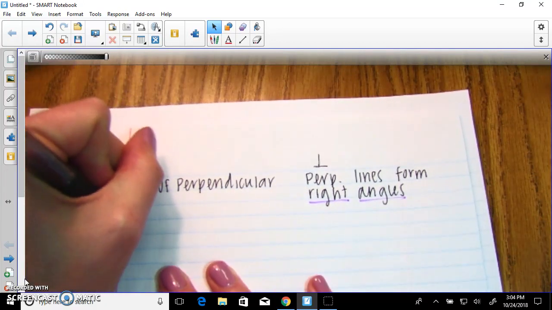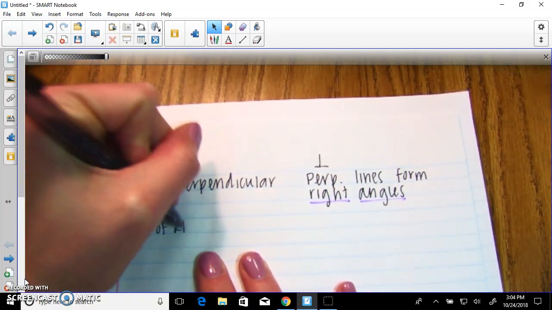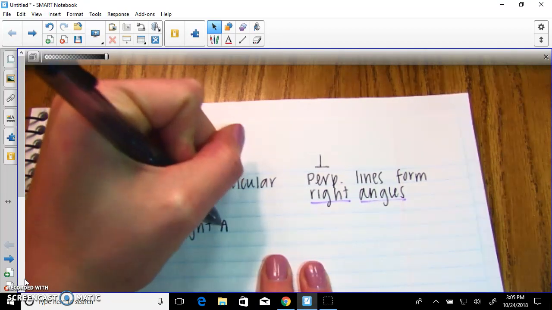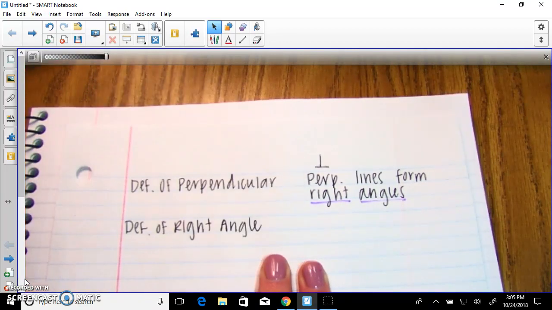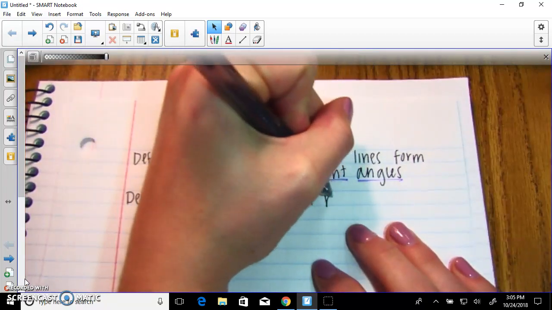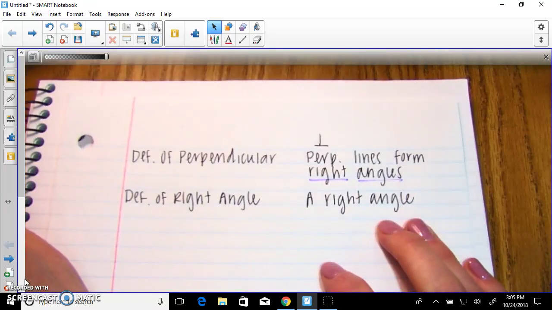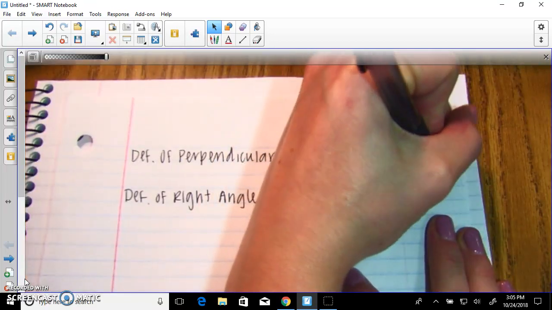So our last definition is the definition of right angle. And this just says that a right angle equals 90 degrees.